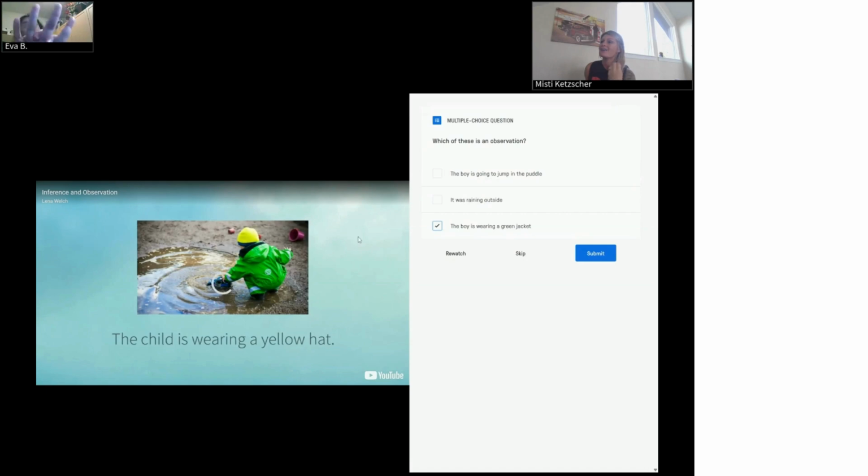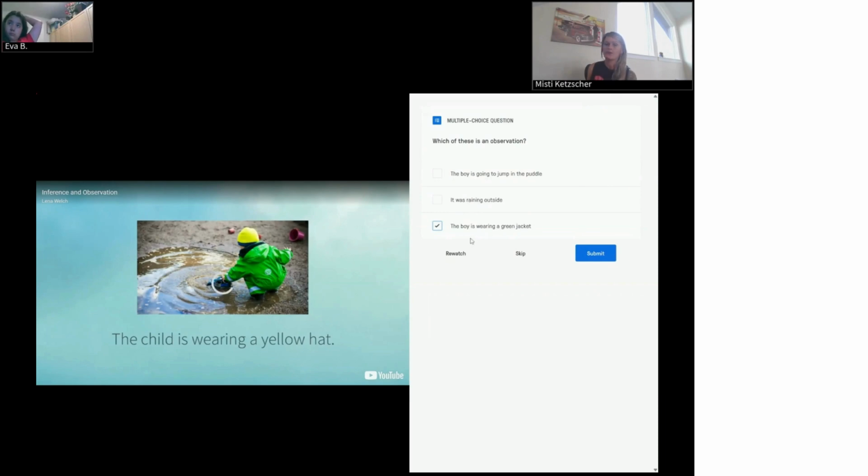So that is an inference from background knowledge. Another inference, guys, is it was raining outside. I can't prove that it's raining outside just by using this image, right? Because maybe that is something that this kiddo's parents made for him, so he always has a mud puddle. But our background knowledge tells us it was probably raining, and that is why there's a mud puddle there, right? And that is why that is an inference.